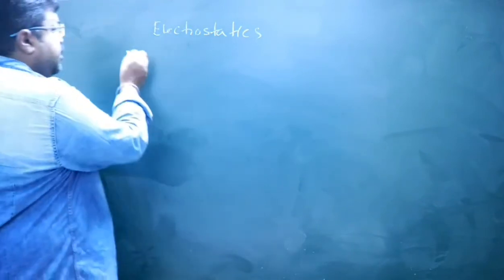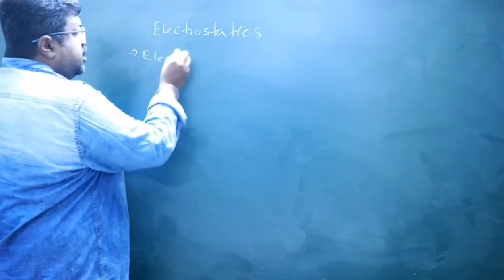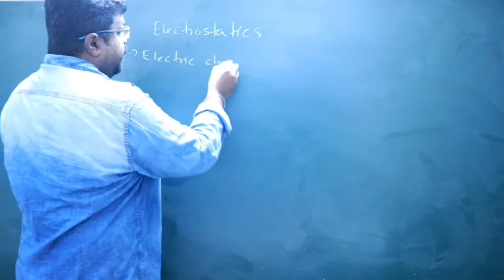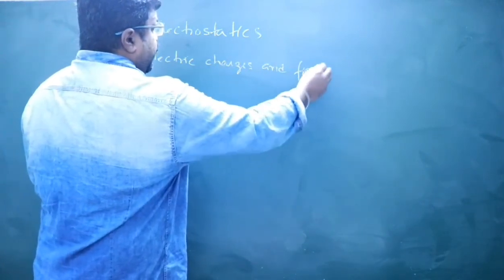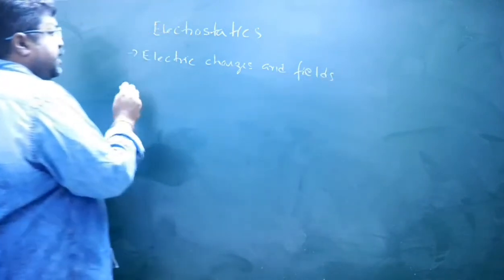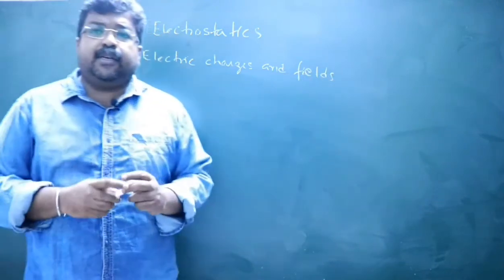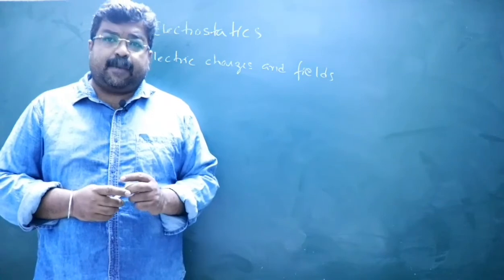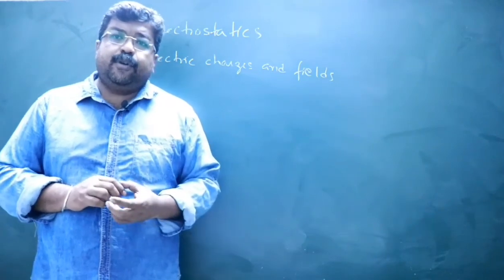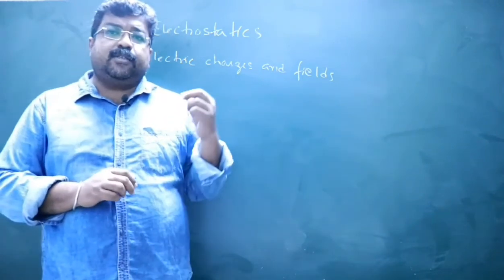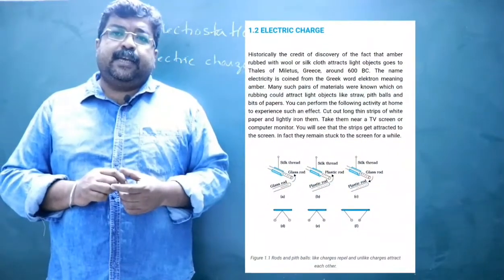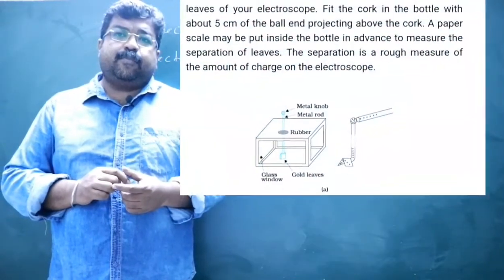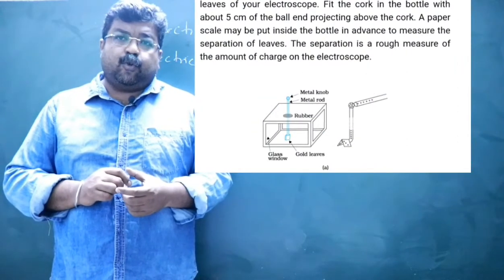The first chapter is electric charges and fields, and the second chapter is electrostatic potential and capacitance. So in this video I am going to discuss two topics from this first chapter. One is the concept of charge, and then we will discuss the topic of gold leaf electroscope.